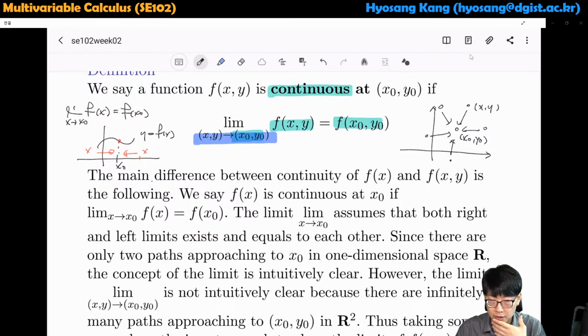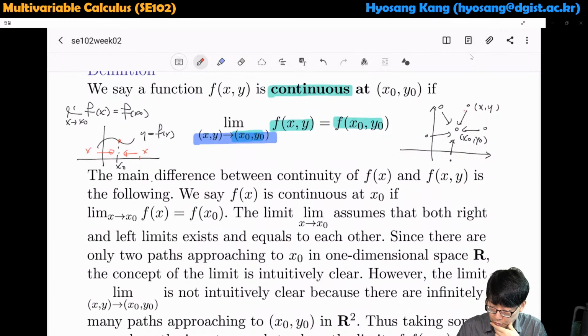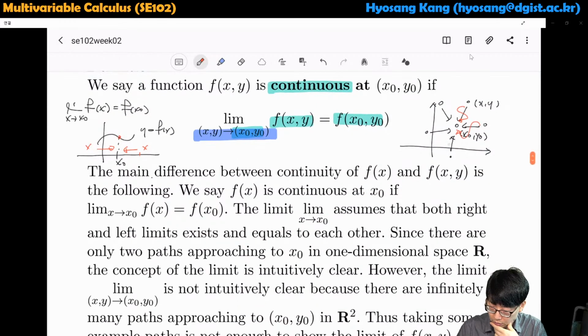The trajectory of the approaching curve also matters. You can approach the point by a straight line, but also by a curvy line, or a weird line like this one.